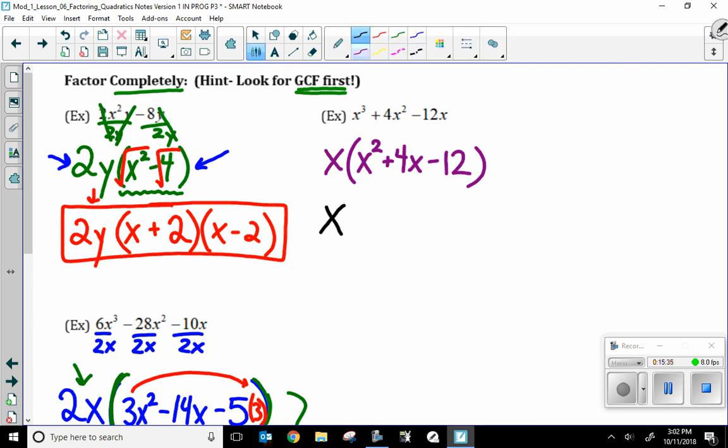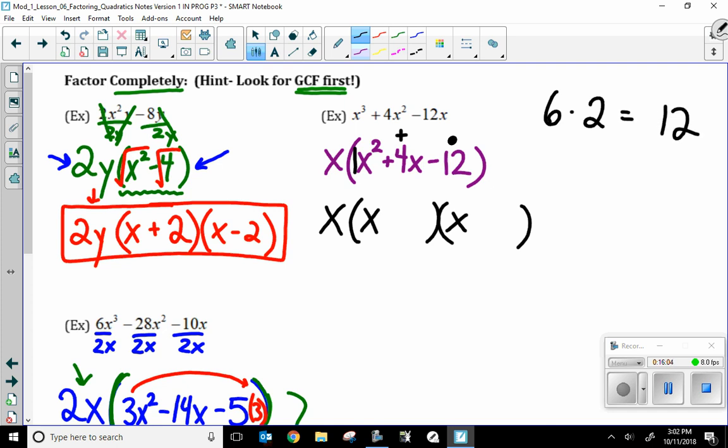I'm going to do my product sum, meaning two things that multiply to negative 12 that add to 4. Why am I going to try that? Because this is a 1x squared. I always love to have 1x squared there because I can go right to this. So what two numbers multiply to be negative 12 that add to positive 4? Well, 6 times 2 is 12.